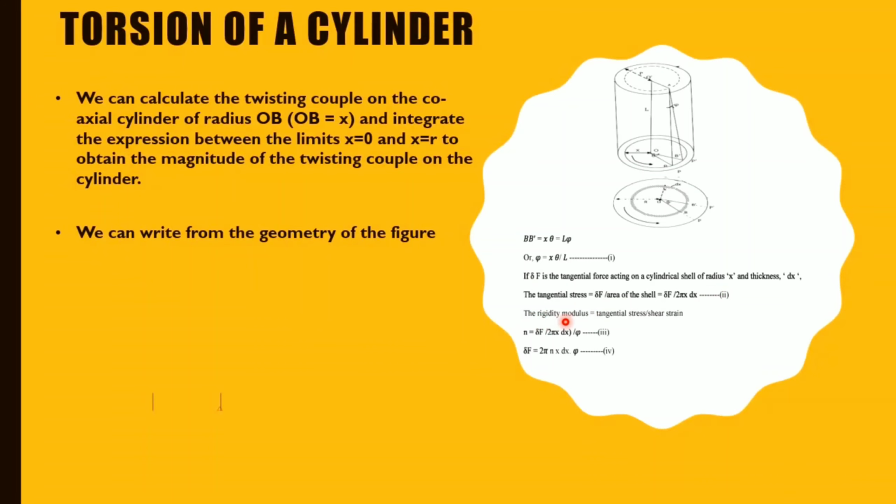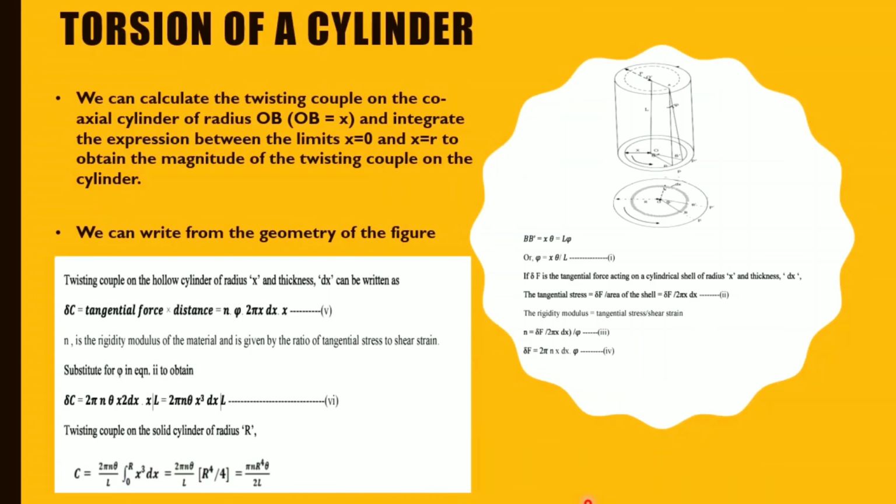Now the rigidity modulus is equal to tangential stress by shear strain. So N is equal to delta F by 2 pi x dx, divided by psi. From this equation 3, we can simply get our delta F, that is the tangential force, which is equal to 2 pi N x dx psi. Okay, which is our equation 4.